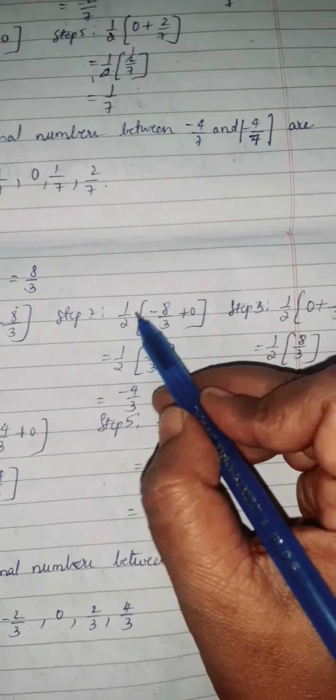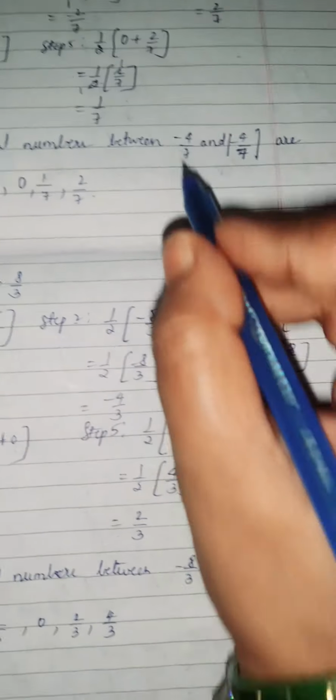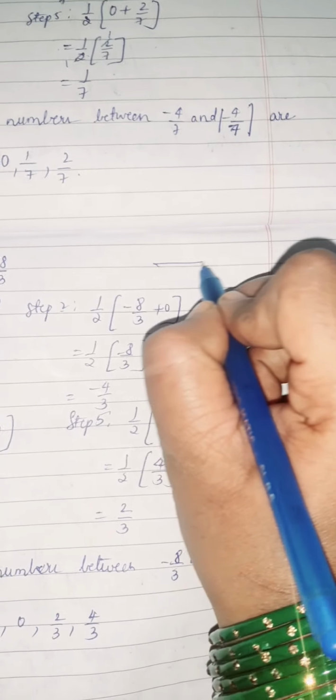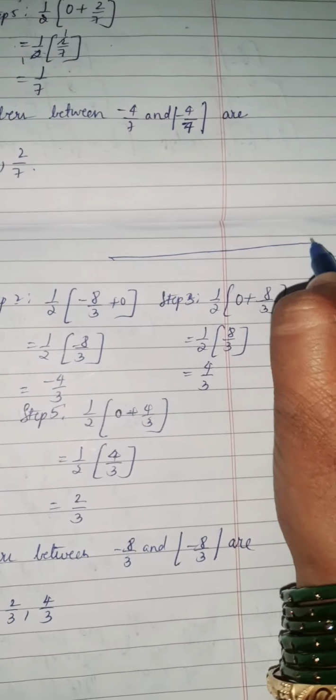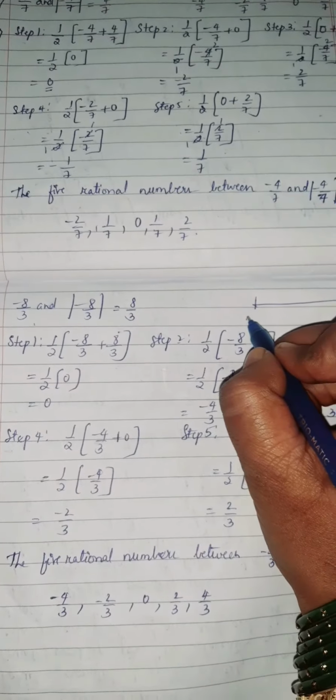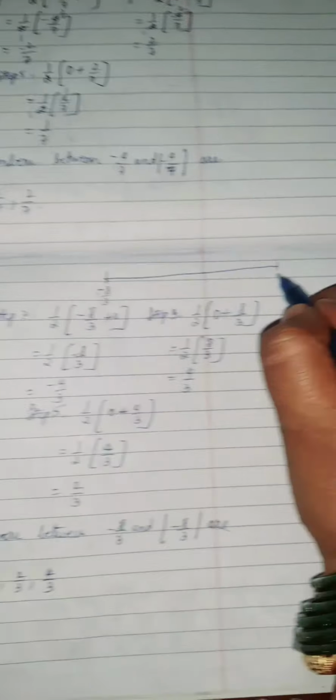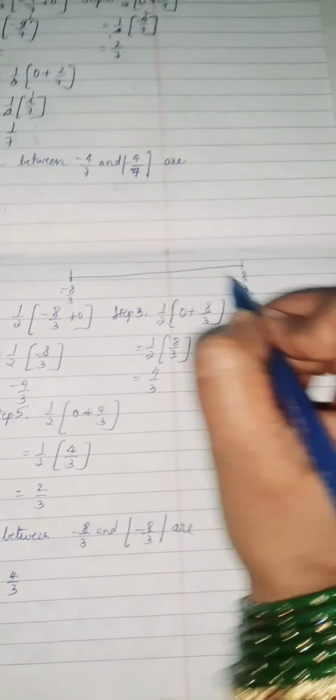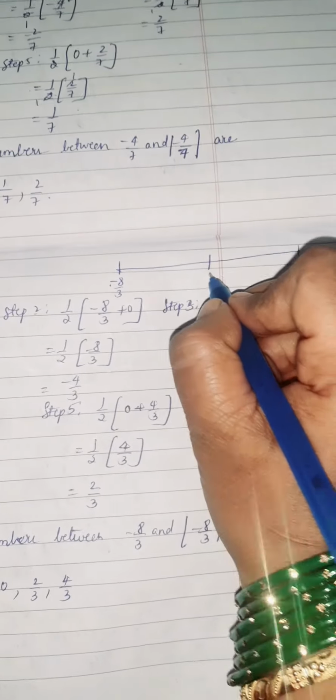Step number 2, here you can draw the number line to make it easy, children. The given rational numbers are minus 8 by 3 and 8 by 3. Between these two, we are finding 5 rational numbers. So the first we get is 0.